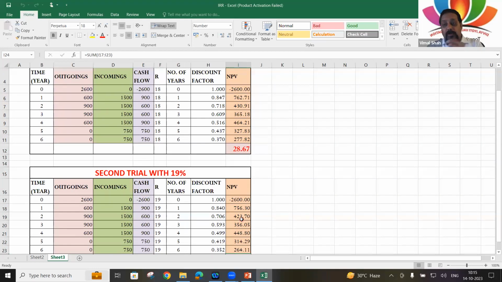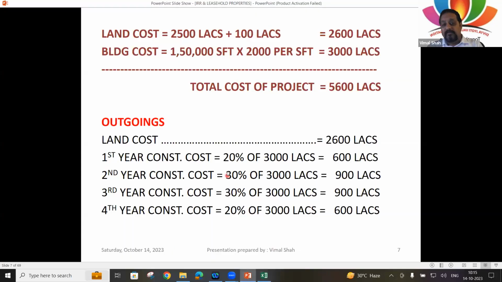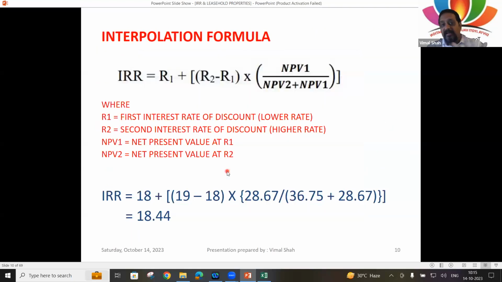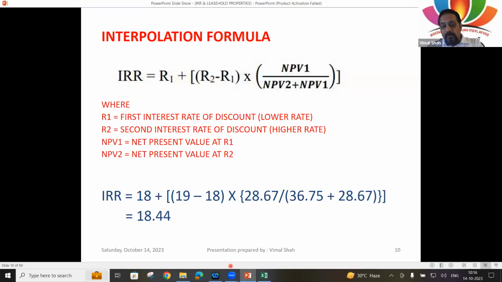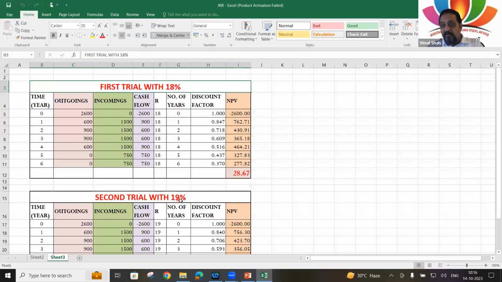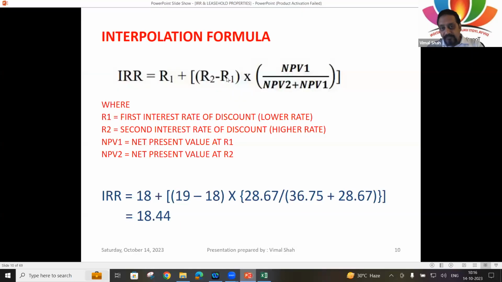Or else, I can use an interpolation formula. If I know that my IRR is between this range of 18 and 19, then I can use this interpolation formula, where IRR, the internal rate of return, will be R1, that is the lower rate of interest which we have considered, this 18%, plus (R2 minus R1) into NPV1 upon (NPV1 minus NPV2). R2 is the second rate of interest, that is 19%.